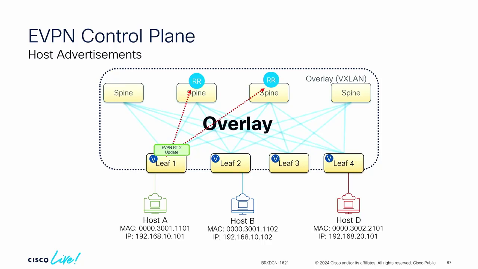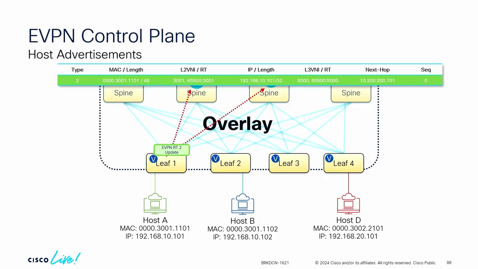So now what I want to do is start building more information in that route update. Maybe I want to give you that longest prefix match, my /32, my host route. And that's exactly what I'm doing here. It still comes in as a route type 2, but now I'm filling out the fields. These are the new fields that I filled out. Before, you saw I had the MAC, the L2 VNI information, the autonomous system, and the route target.